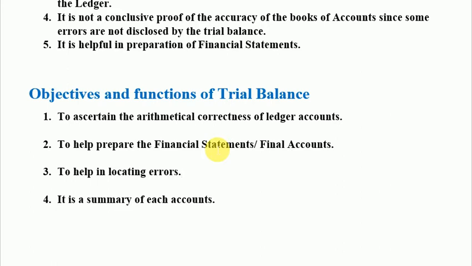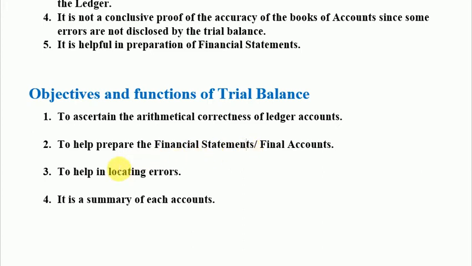So that is a part of financial statements as a chapter, and trial balance is the basis of preparing financial statements. Just like journal entries are the source of preparing ledger accounts, similarly the trial balance, which we will learn in this chapter, will help us prepare financial statements, which include trading account, profit and loss account, and balance sheet.